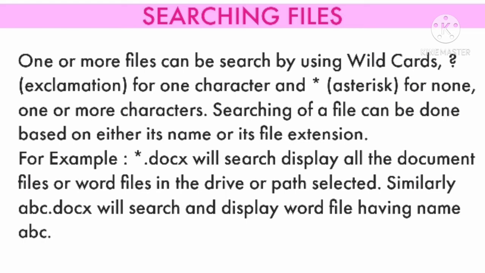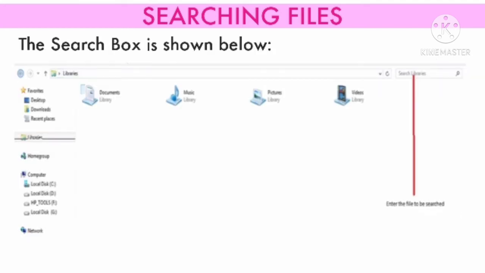For example, *.docx will search and display all the document files or Word files in the drive or path selected. Similarly, abc.docx will search and display the Word file having the name ABC. The search box is shown below. Search box is here.